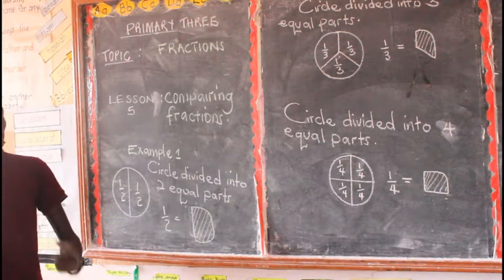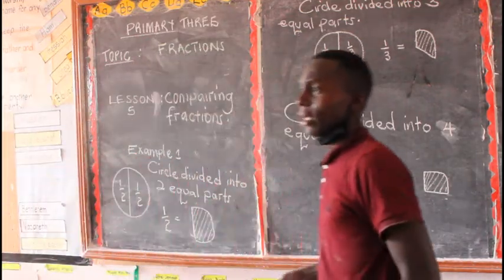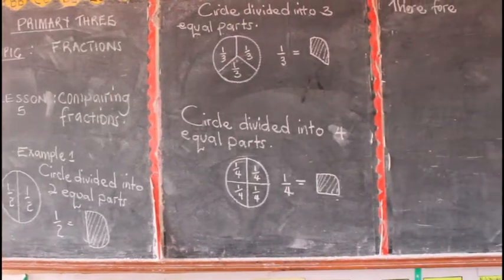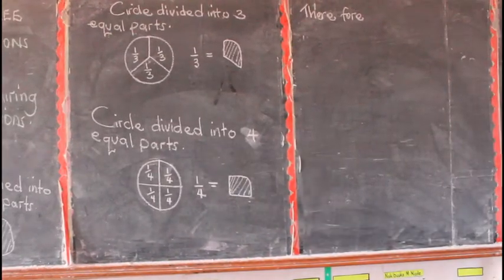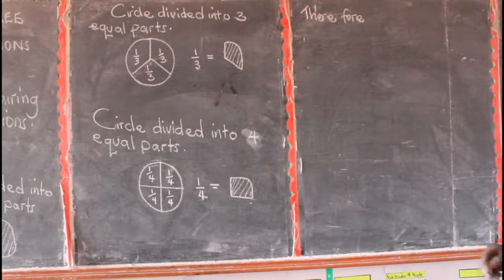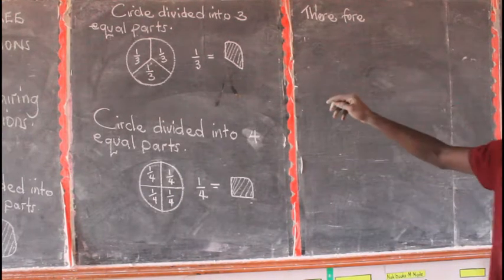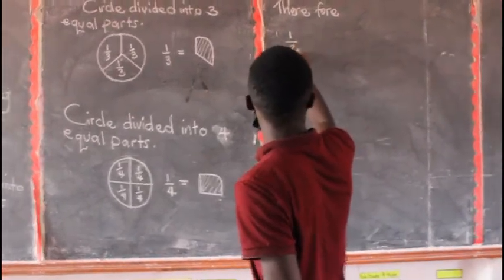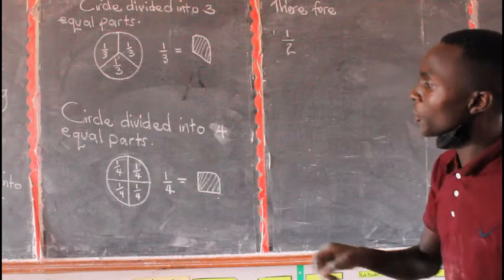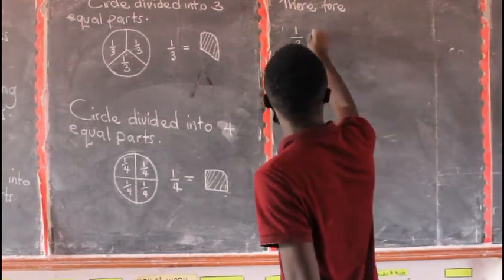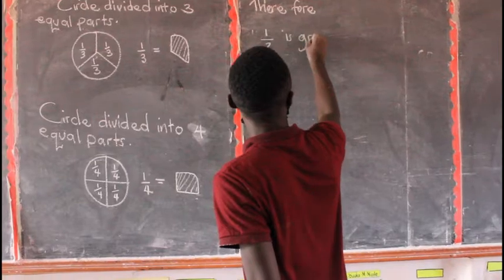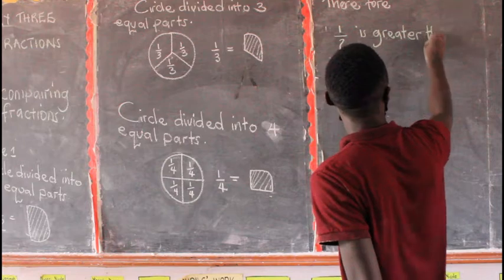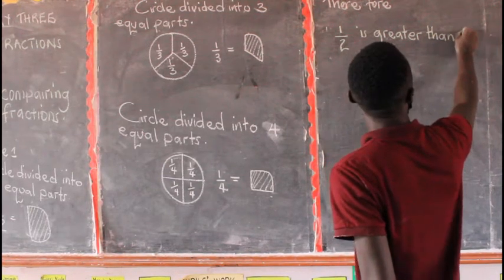In case you come across a question that says compare those 3 fractions, you will start with 1 out of 2, a half. You will say that a half is greater than a third.